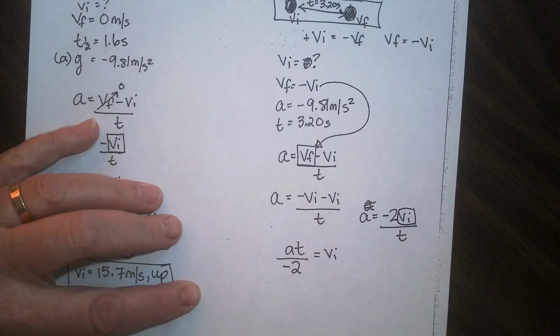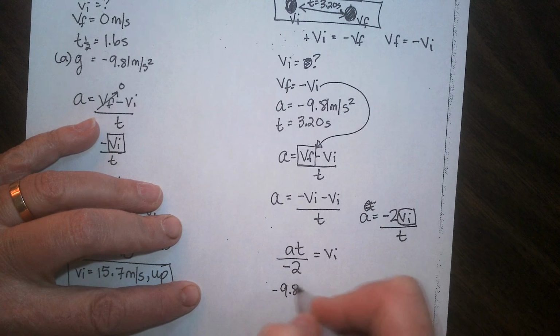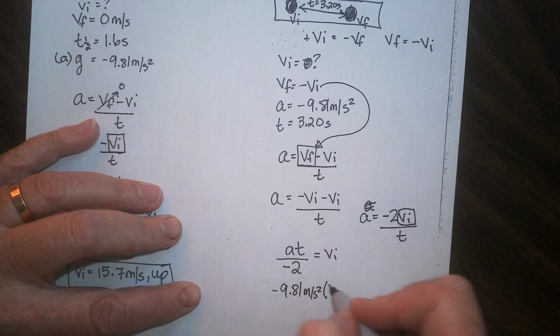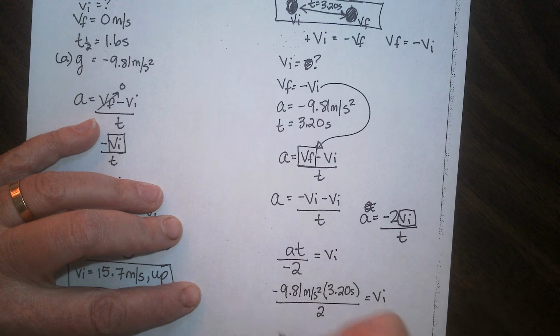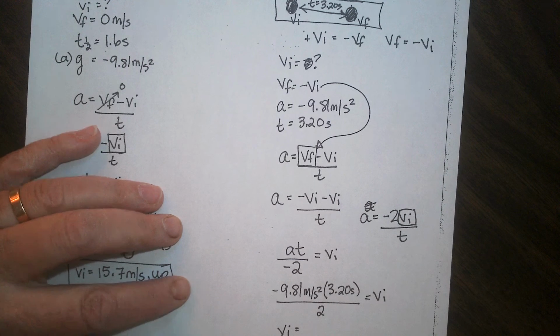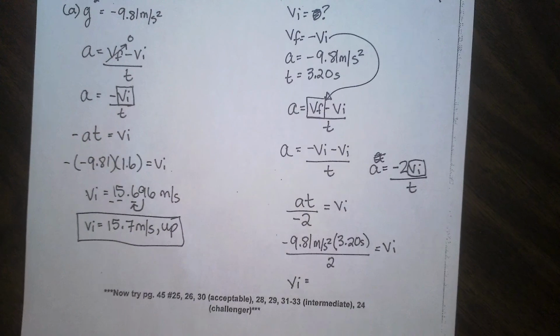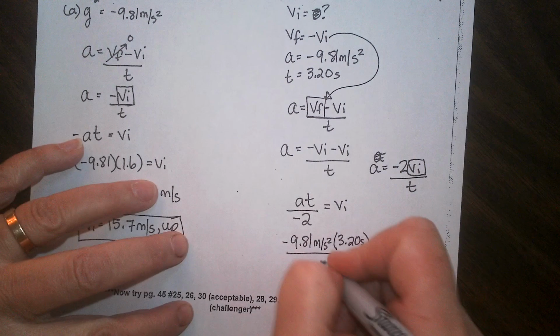Okay, perfect. All right, so now I can solve. So I'm going to go negative 9.81 meters per second squared multiplied by 3.20 seconds and divide it all by 2. So Kyle, what do I get for an answer? Oh, sorry, I forgot to put my negative down there.